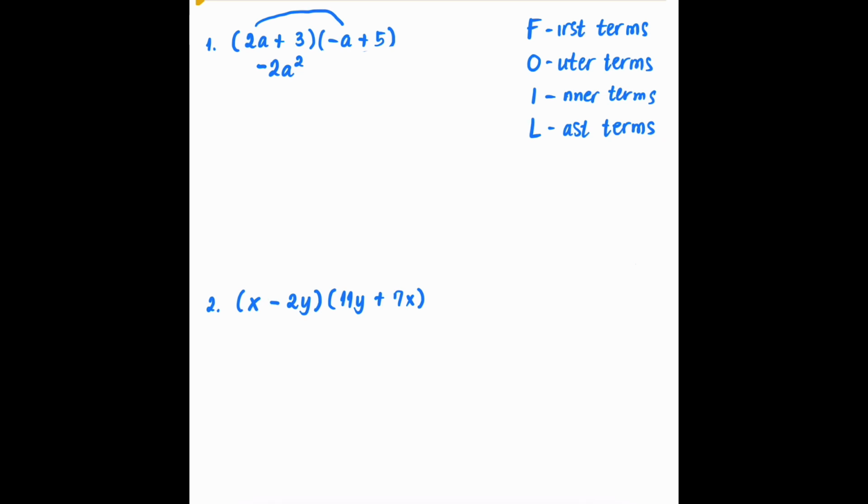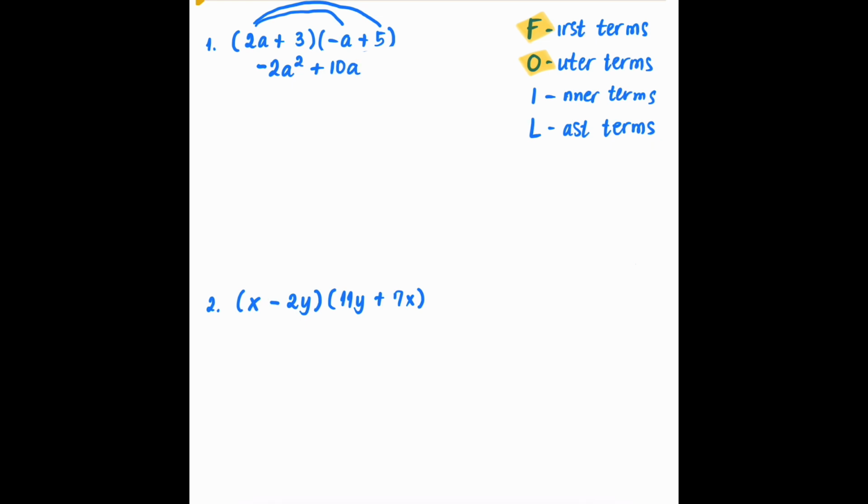Next, we need to multiply the outer terms. So we're multiplying 2a multiplied by positive 5, and that's going to give us 10a. So positive 10a.